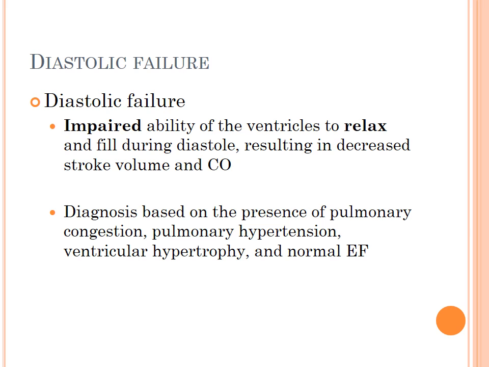I know it's kind of weird. It is kind of weird, but that's pretty much what's going on here. With diastolic failure, your patient doesn't necessarily have the classic cardiovascular issues. But it's usually, like I said, caused by ventricular hypertrophy, chronic hypertension, or hypertrophic cardiomyopathy. And that's basically your stiff, non-compliant ventricle.